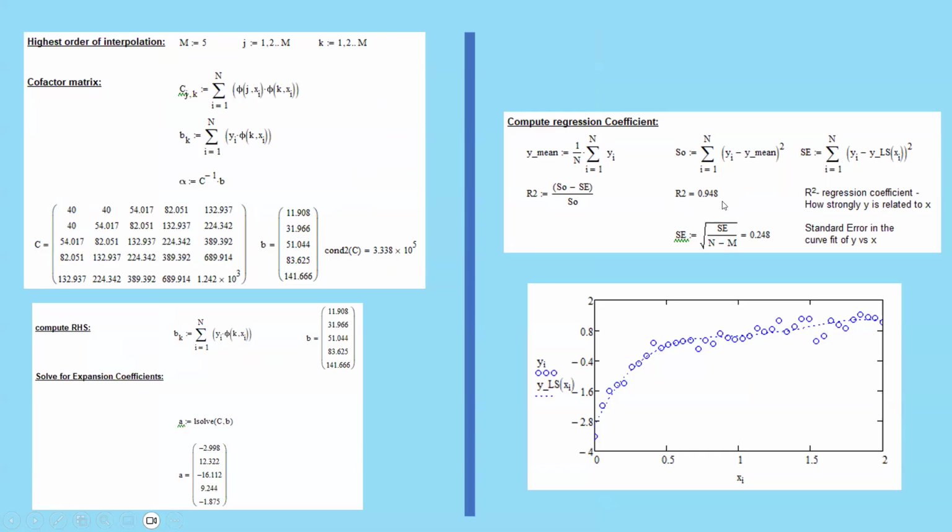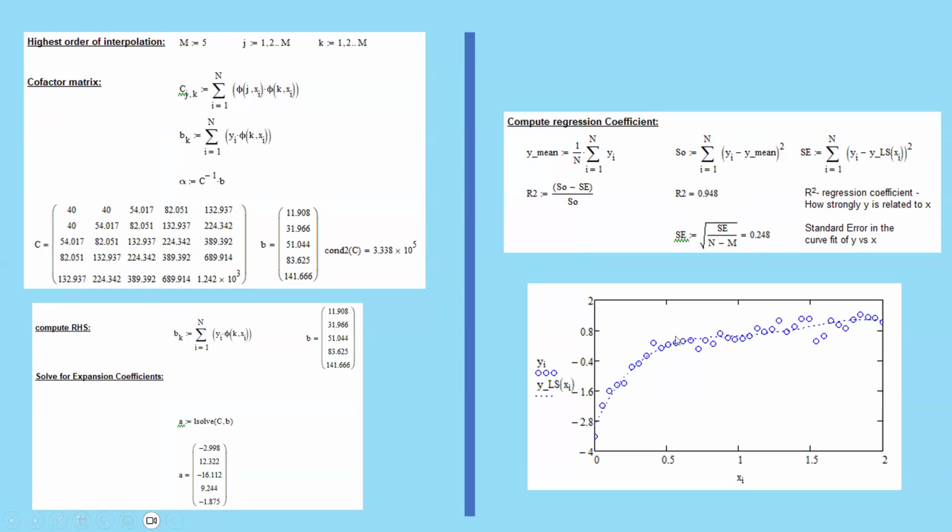As you can see, the correlation coefficient is now 0.948. By increasing the order from 3 to 4, the correlation coefficient changed from 0.928, I believe, or 0.918, to 0.948, meaning the correlation coefficient is improved, and the standard error is reduced to 0.248.